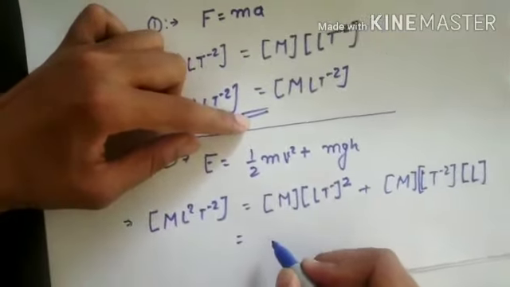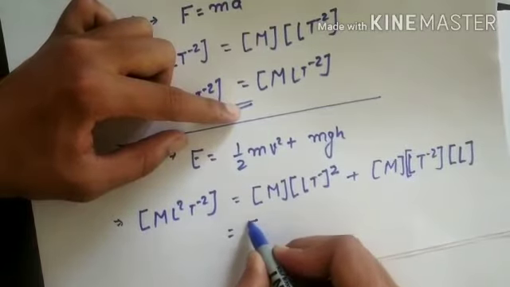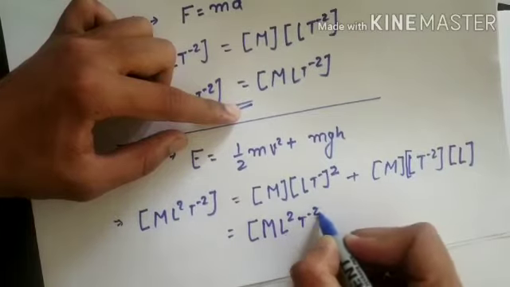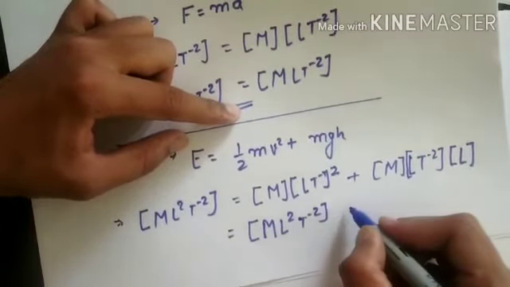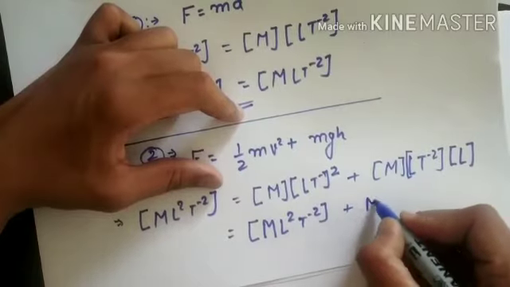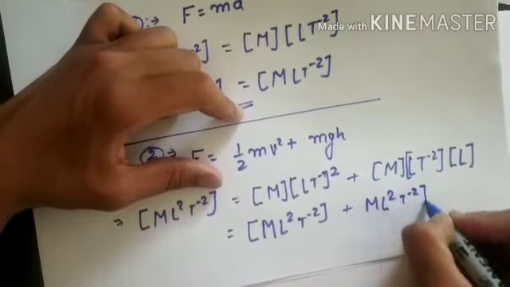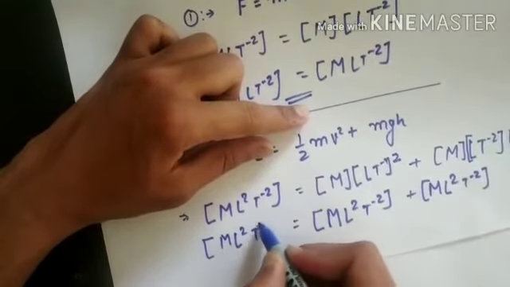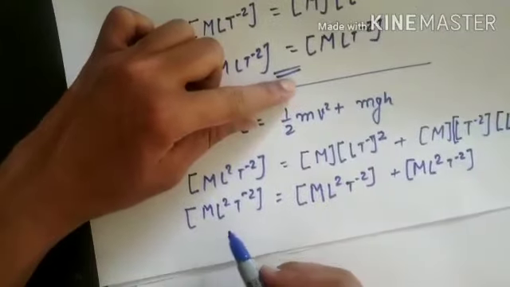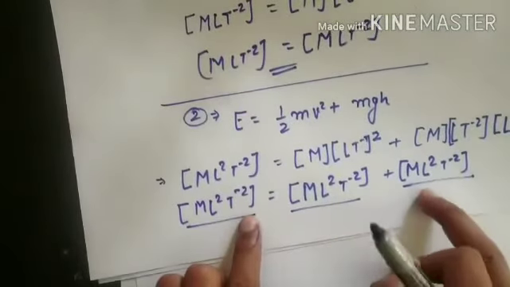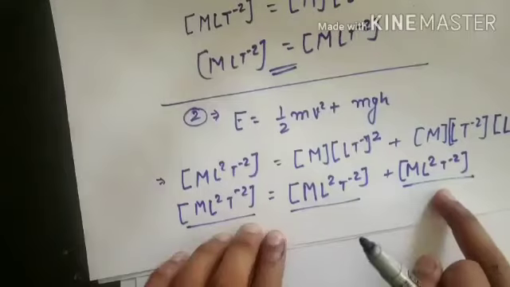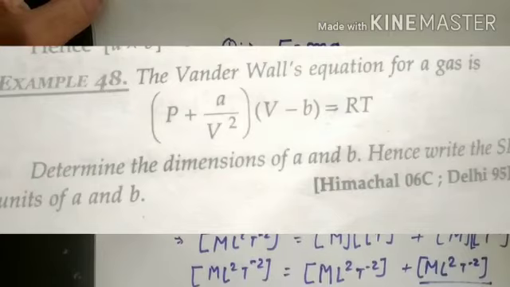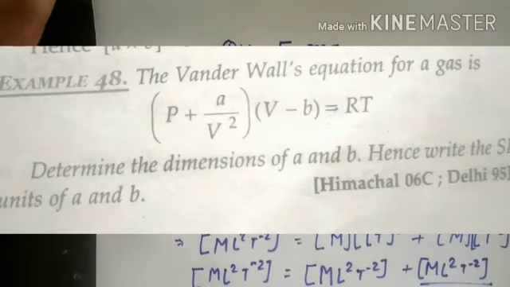If you generalize these combinations, you will get ML square T minus 2, and here you will get ML square T minus 2. On the LHS side you can see it is ML square T minus 2. So each term involved in this equation has the same dimension. This is all about the consistency of dimensions. Here are some examples of dimensions, and I hope you will solve them.